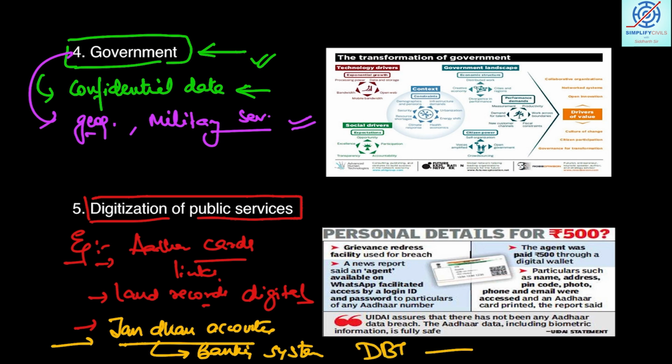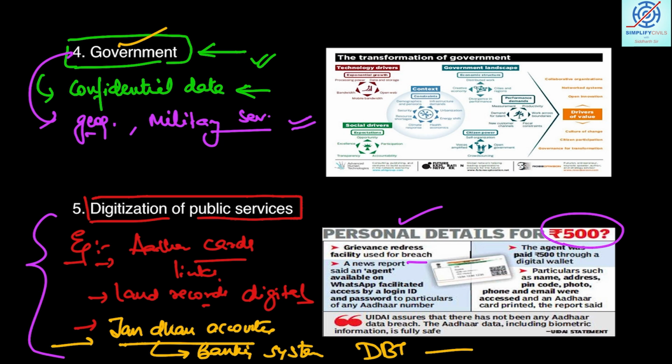So all these things are happening, and that is why there is a lot of importance for governments to ensure that cyber security is there, because if not, then all this data can be leaked and misused. One such example happened. It was said that you can get the personal details of people for just 500 rupees, and there was a breach in the system where a lot of personal information of Aadhaar cards was on public display and you could just buy it.